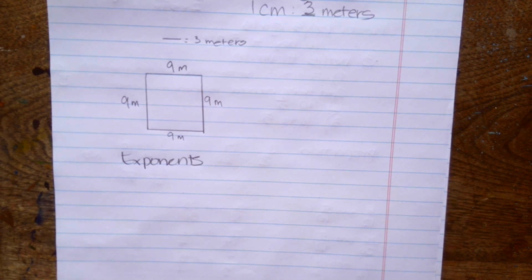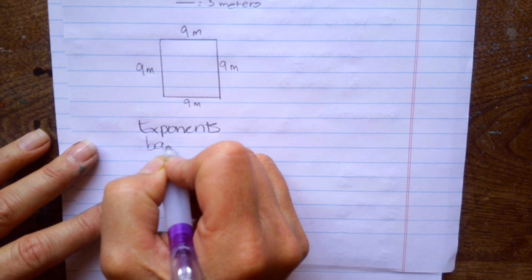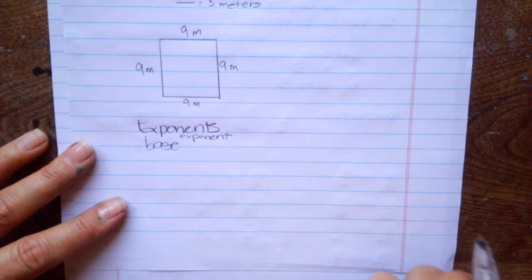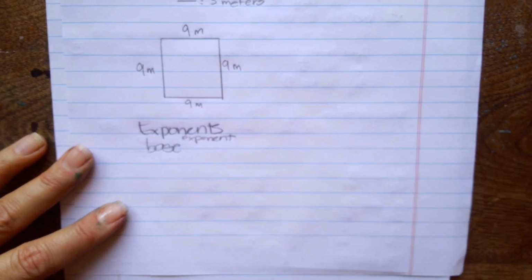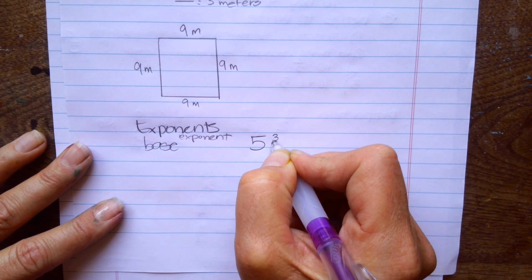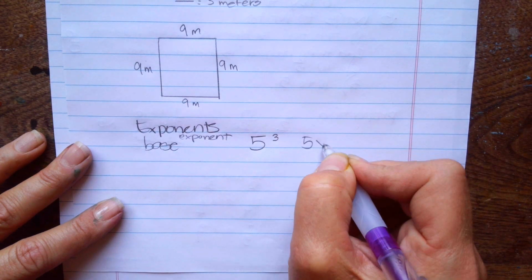So an exponent is a base with an exponent like this, right? You remember that. So if your base is 5 and your exponent is 3, this means 5 times 5 times 5.